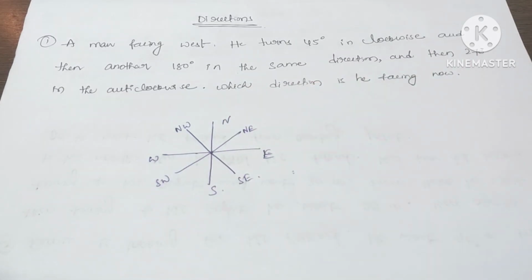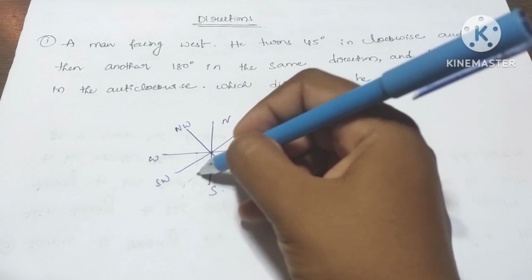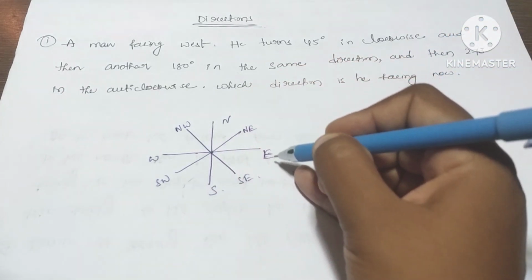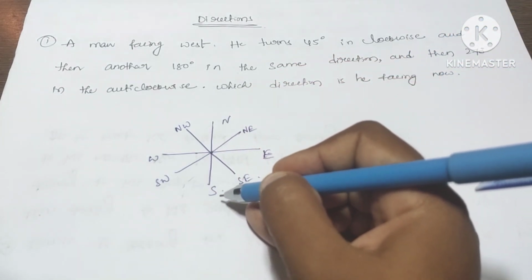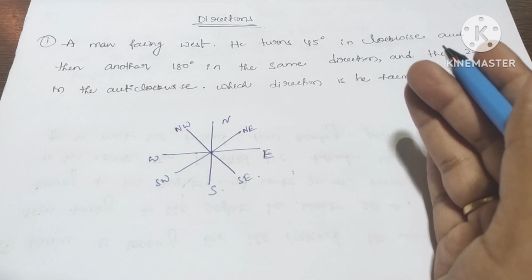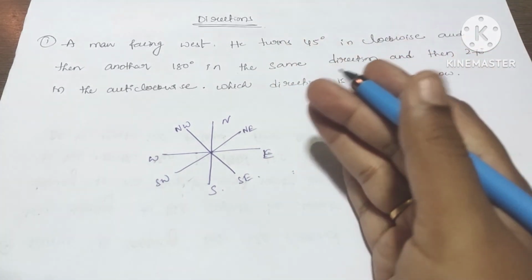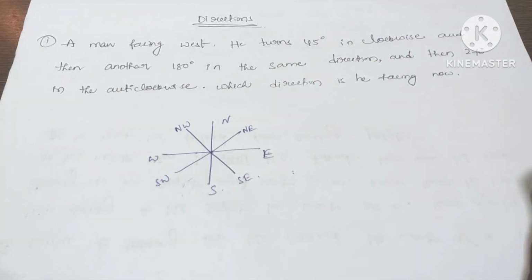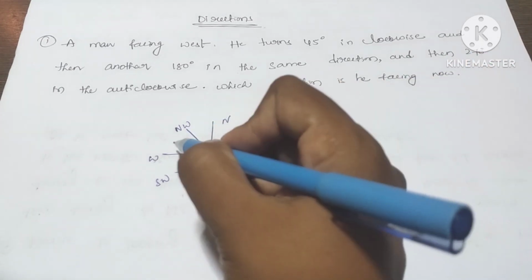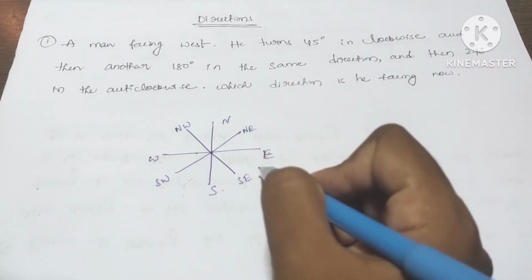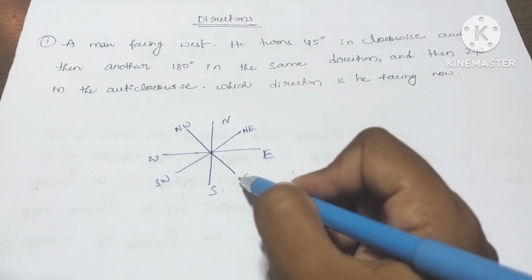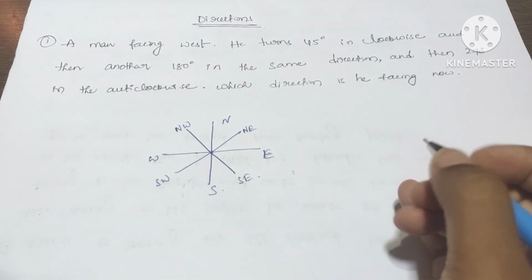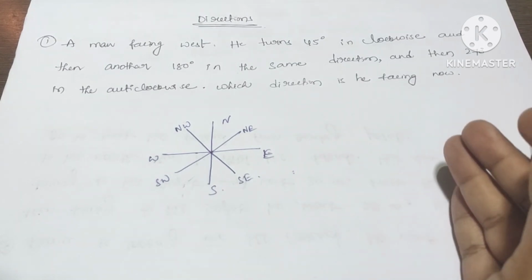Clockwise direction means the way the clock runs like this, right? Anti-clockwise direction means moving in reverse. How the clock's hands move, right? This is the clockwise direction. Anti-clockwise direction means the opposite to clockwise direction.